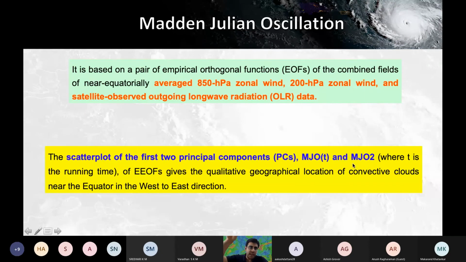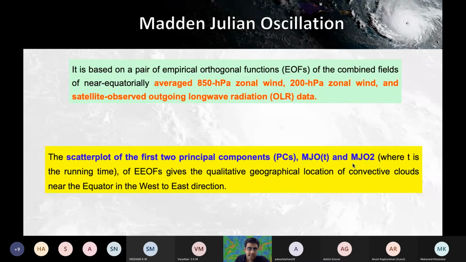So if the cloudiness is reduced and the wind is conducive, then they will couple together and lead to a stronger air-sea coupling, resulting in a much better formation of a system. So physically speaking, whatever we want is present here.